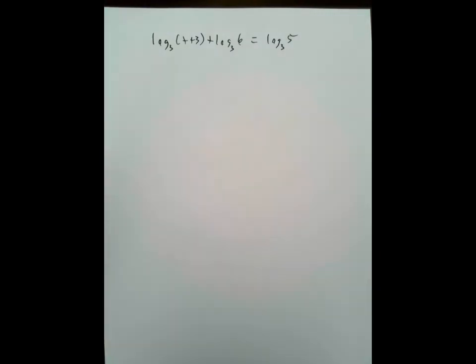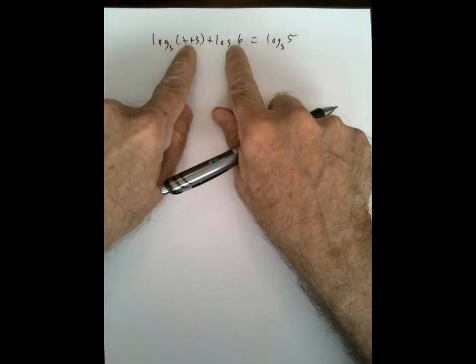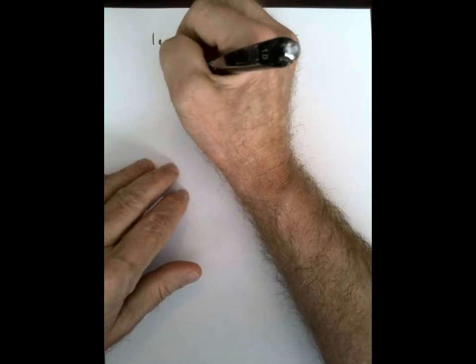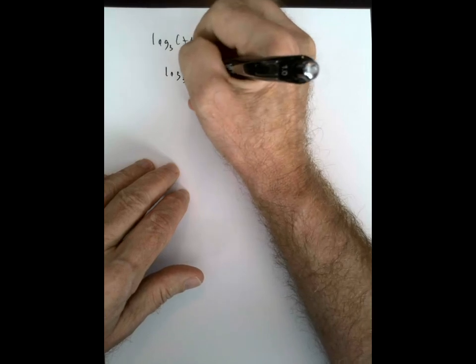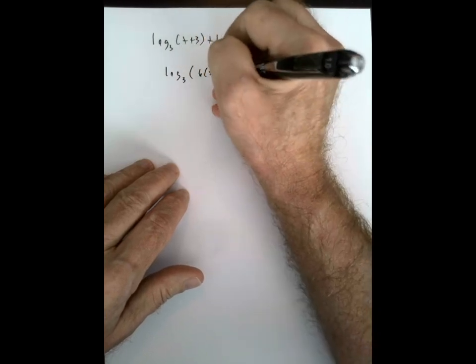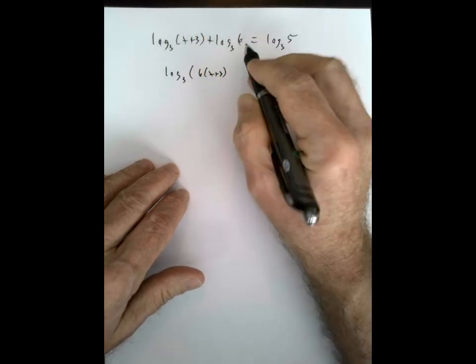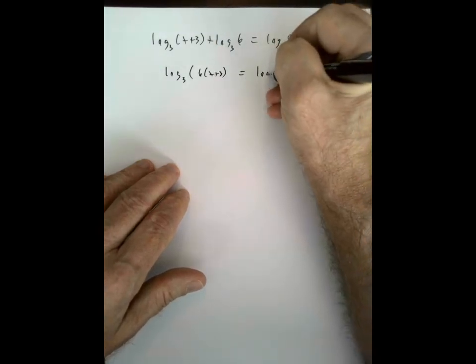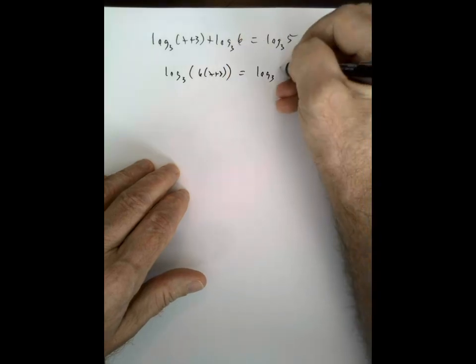Now we combine like terms, and that becomes a multiplication. So this is log base 3 of 6 times x plus 3, this times that, is equal to log base 3 of 5 on the other side.